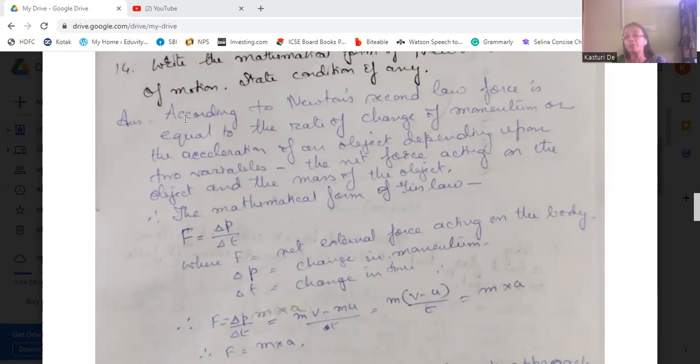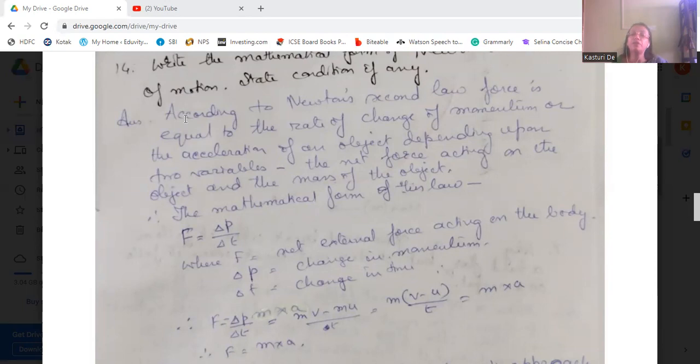So the mathematical representation of this law is F equals change in momentum divided by change in time. F is the net force which is acting on the body, delta P is the change in momentum, and delta T is the change in time.